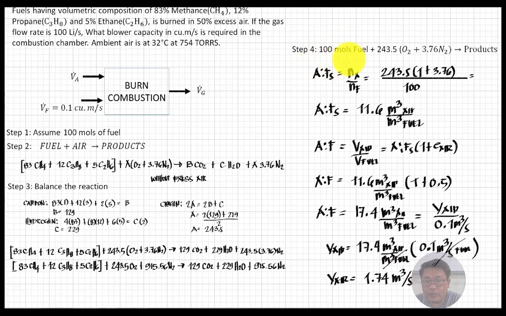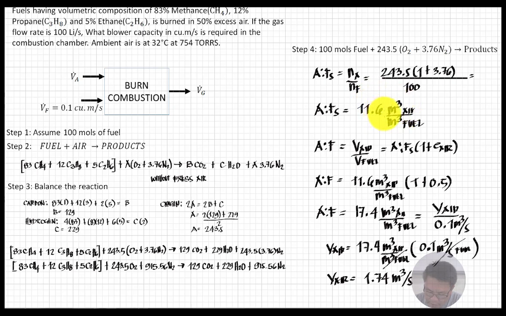Take note, we're using 100 moles, compared to liquid fuel, since the assumption is different for gaseous fuel. So we divide by 100, and finally the stoichiometric value is 11.6 cubic meter of air.